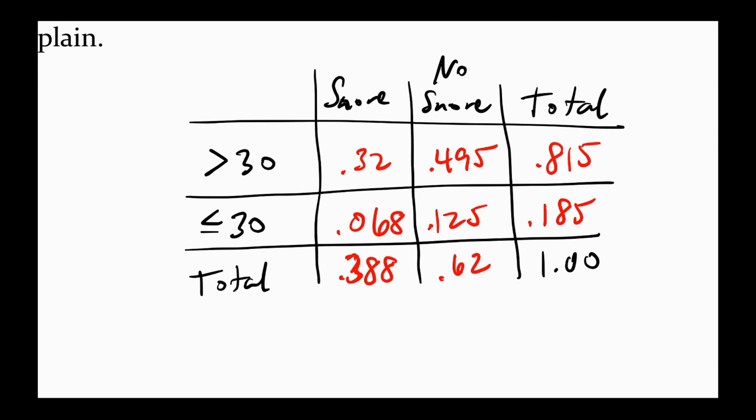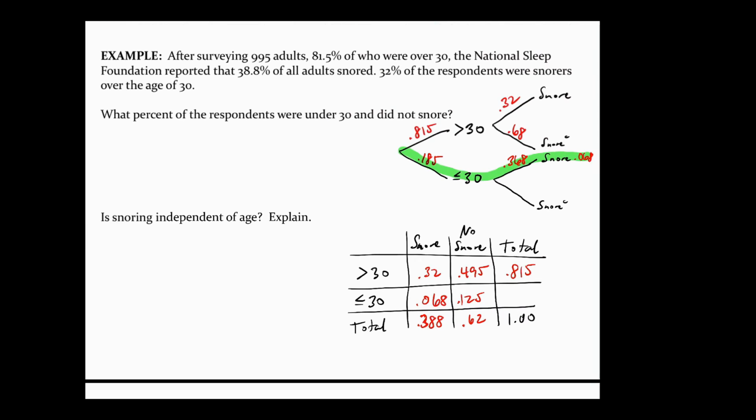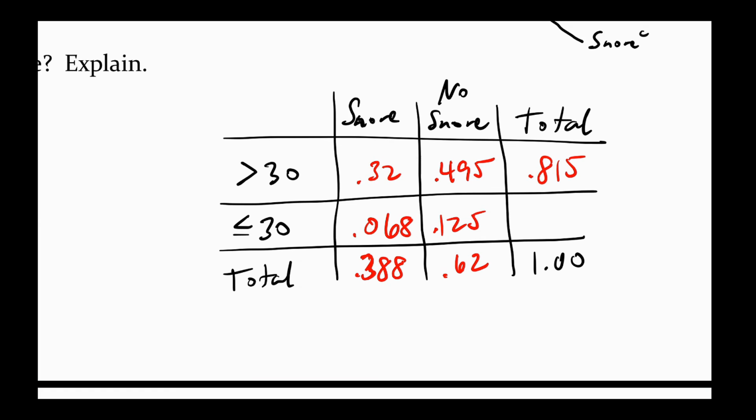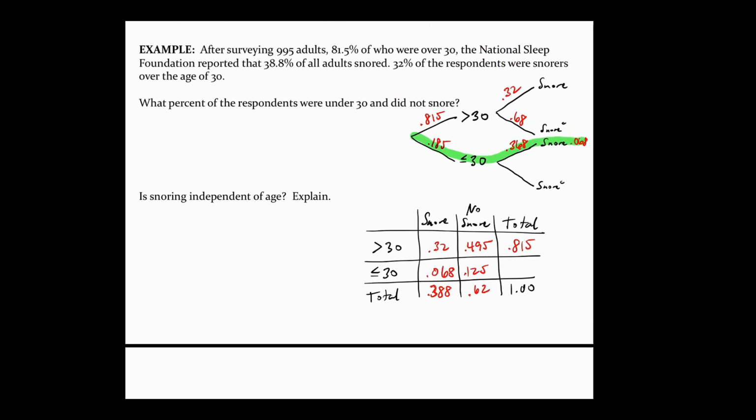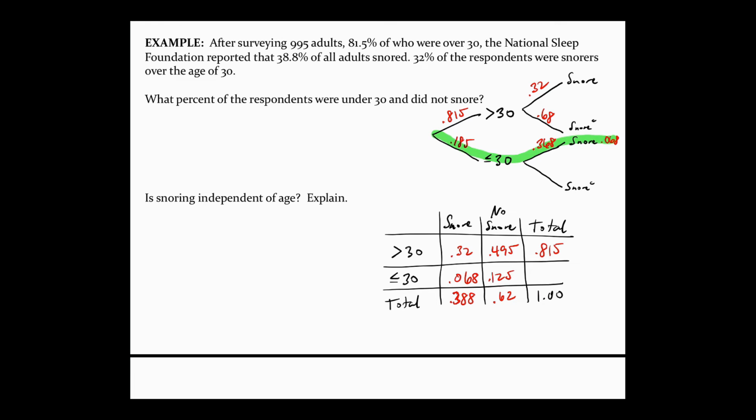Which part? 0.068 plus 0.125 is 0.193. Should be 0.185. I think no snore under 30 is off, because I have 0.117 instead of 0.125.